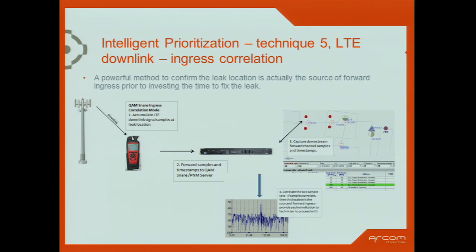And the system does an autocorrelation of the downlink frequencies that have been identified as the trouble area, and the downlink frequencies that are causing the problem, to see if they are the same. At that point, the technician knows, go fix it, or ignore it if they're not the same and go to the next one.